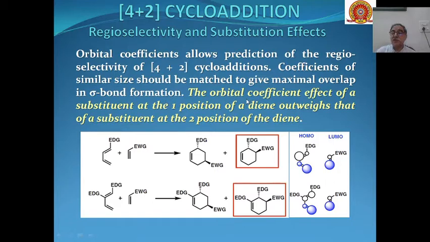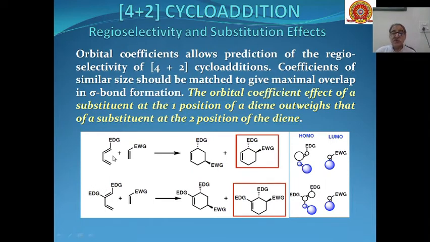The orbital coefficient effect of a substituent at one position of a diene outweighs that of a substituent at two position of the diene. So the effect of the substituent at position 1 will be more as compared to the effect of the substituent at position 2 of the diene.